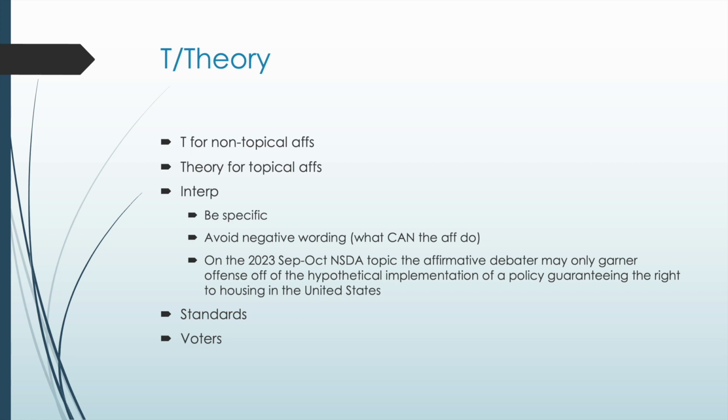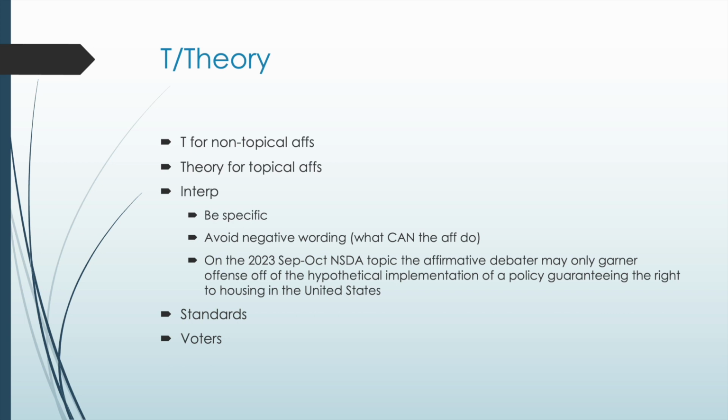It's different to say that you can't talk about structural oppression versus saying you must talk about the implementation of a policy action. One excludes the existence of the AF, and the other says that the AF content can still be valuable, but the formatting needs to be different.